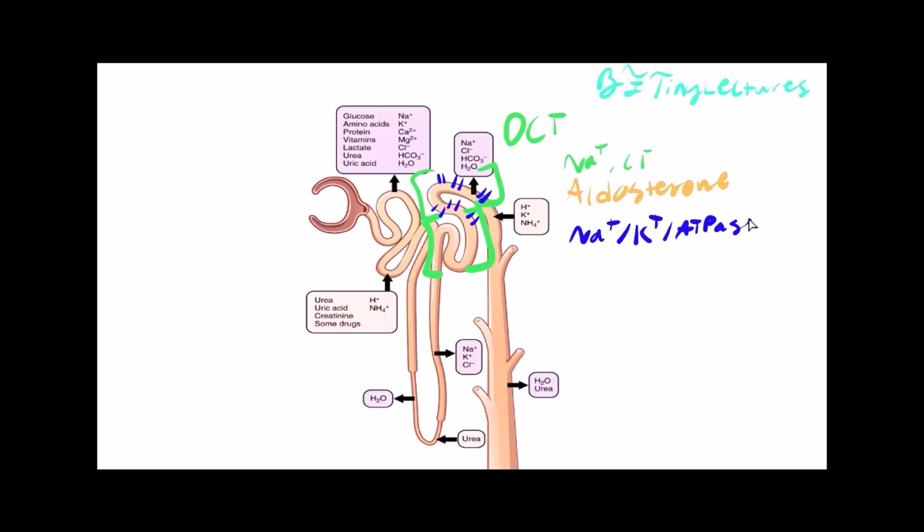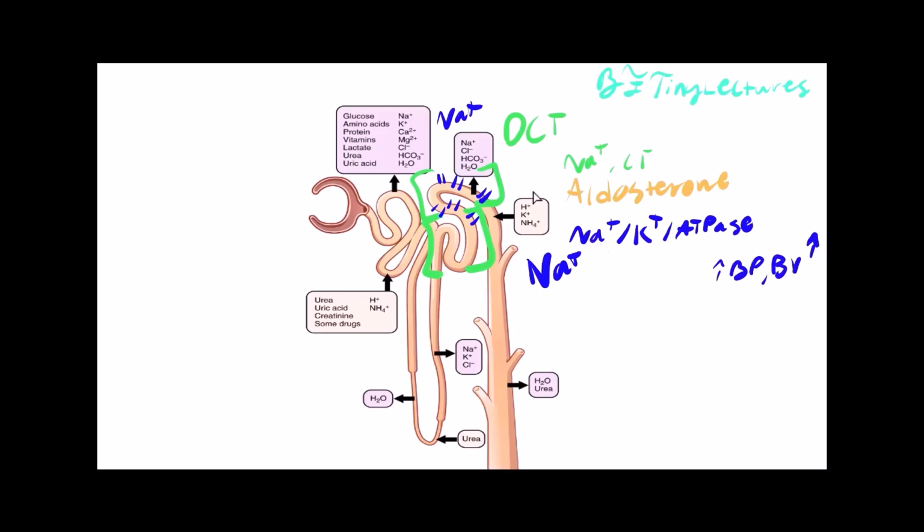So again, they're going to shoot out sodium from the distal convoluted tubule, and it's going to build up inside the interstitial space. When we have a large amount of sodium in the interstitial space, eventually it goes into the bloodstream and it pulls water into the bloodstream, and that increases the blood pressure and also the blood volume.